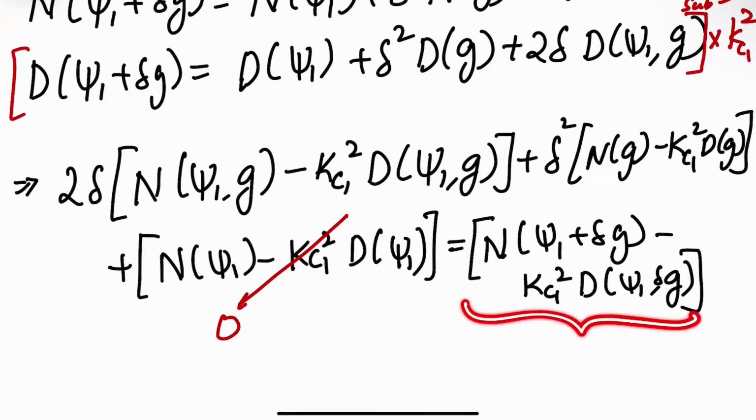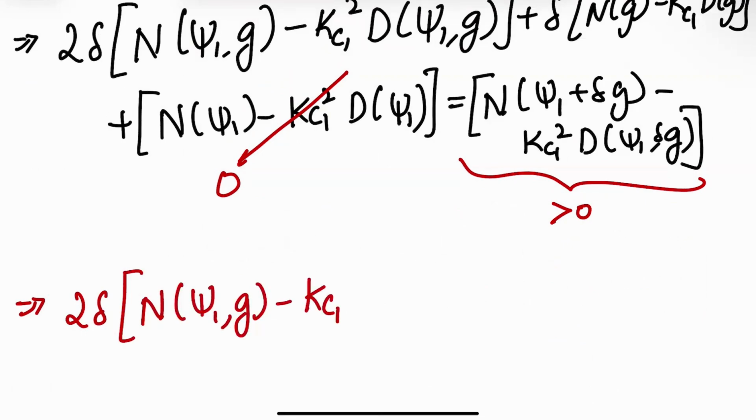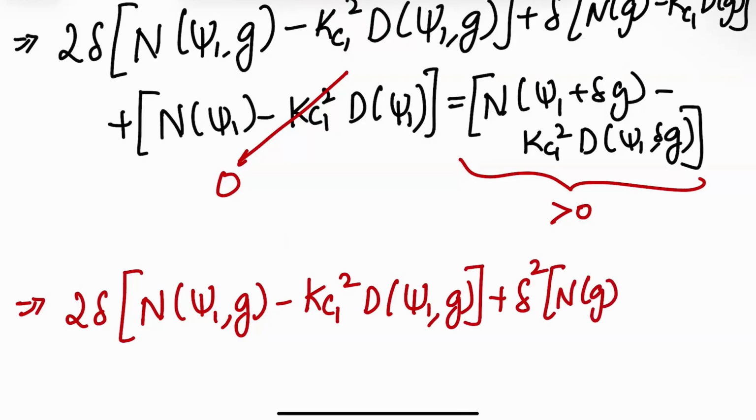And the right-hand side is greater than 0, which means that 2 delta n of psi 1 comma g minus kc1 square d of psi 1 comma g plus delta square n of g minus kc1 square d of g is greater than 0.